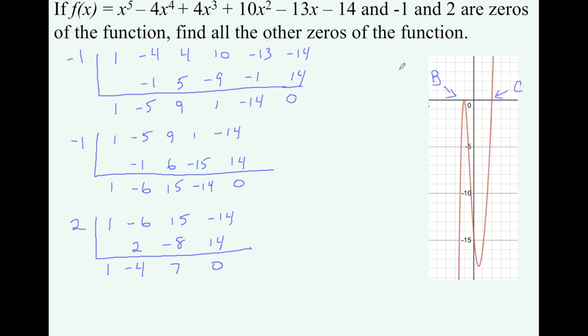So how many times can a bounce happen? 2 times, can happen 4 times, can happen 6. Well, can't happen 6 because we only have 5 solutions, right? Cut can happen an odd number of times. It can happen 1 time, can happen 3 times. So should I try this 2 again? I could try the 2 again, but if I try it twice, then I got to try it 3 times because it has to happen once or 3 times.